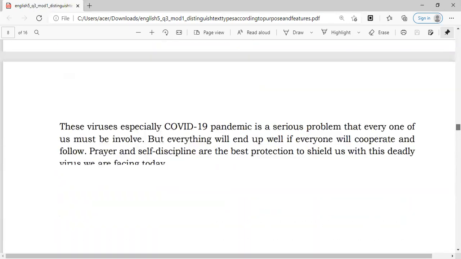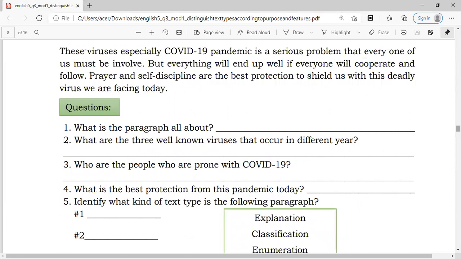Please read with comprehension with me. I will be helping you in understanding our text types for today. For the first question, what is the paragraph all about? What is the main topic of our paragraph?